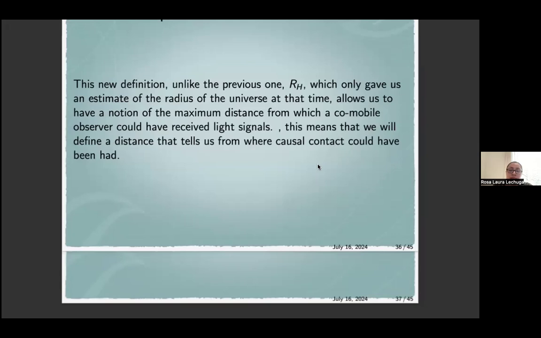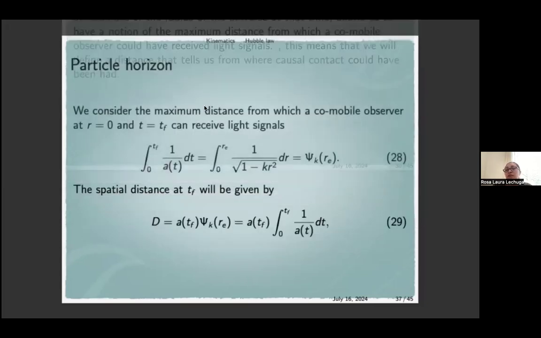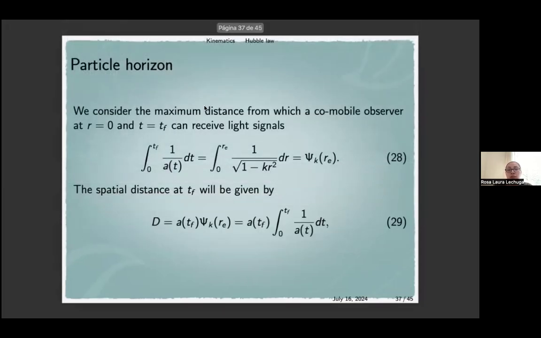With this quantity, we can get the causal contact; the characteristic of causal contact would be codified using this quantity. So again, we're going to consider a mobile observer at r equal to 0 and at the end in time t.